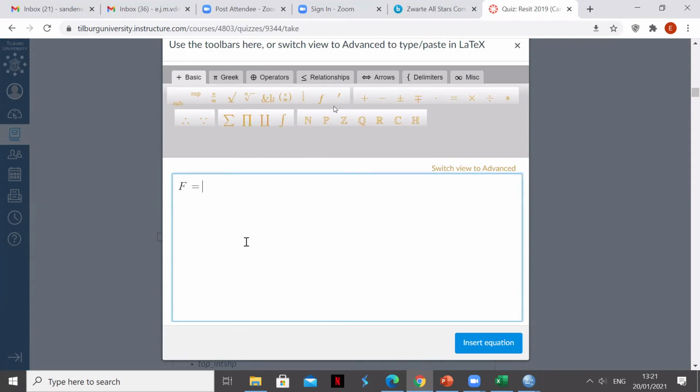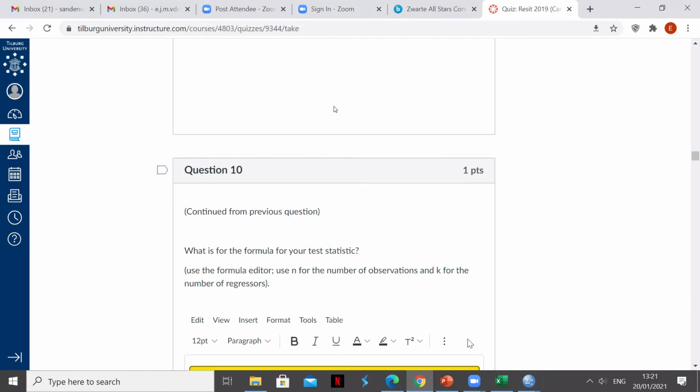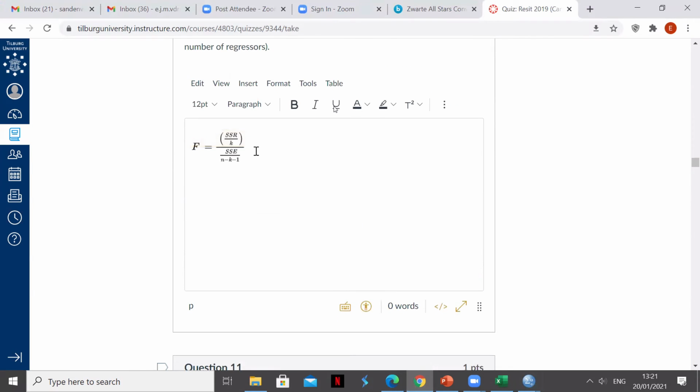So you use the F-test, and what was the F-test again? The F-test was SSR divided by k, divided by SSE divided by n minus k minus 1. If I'm correct, this is the right formula. And you can just literally throw it in like this, okay?